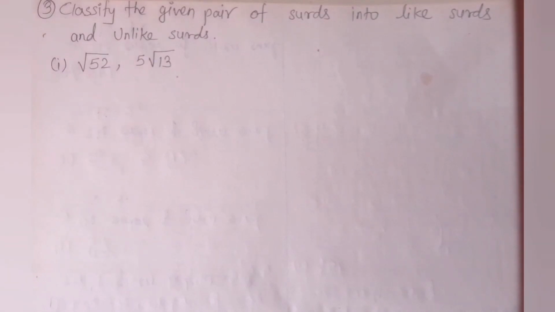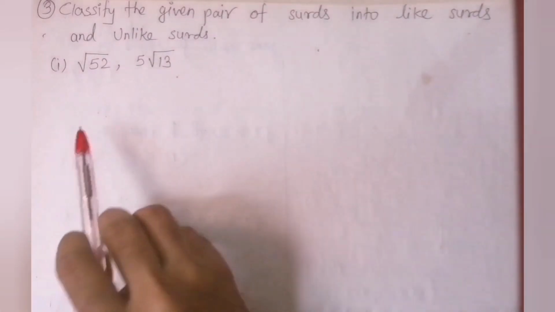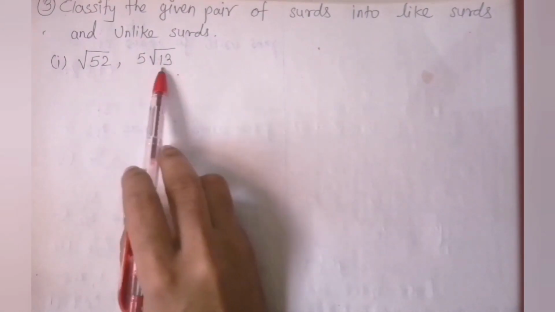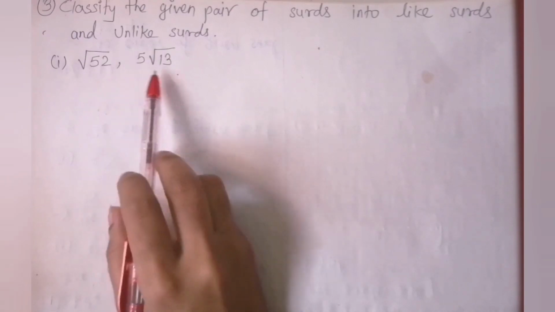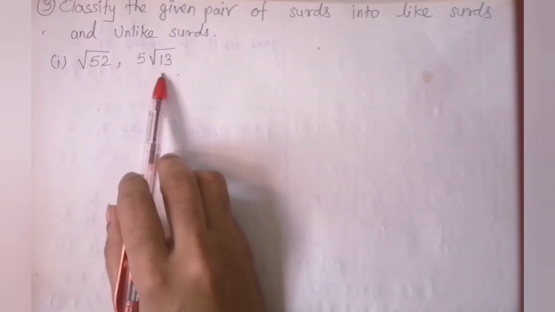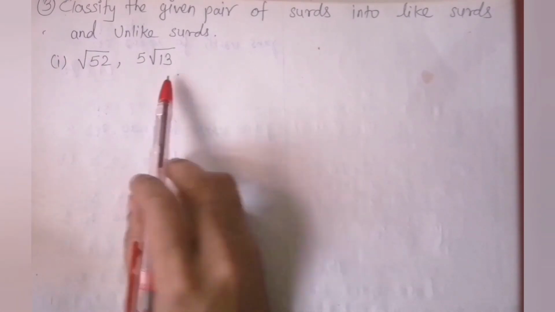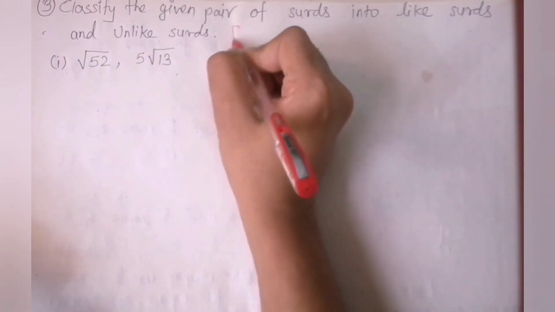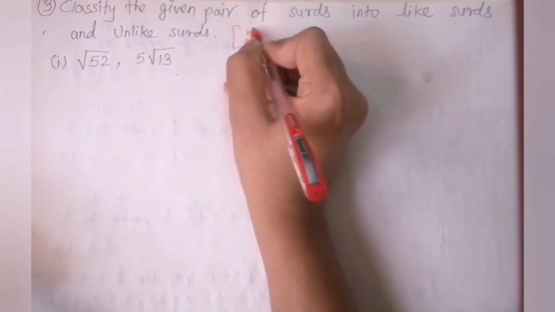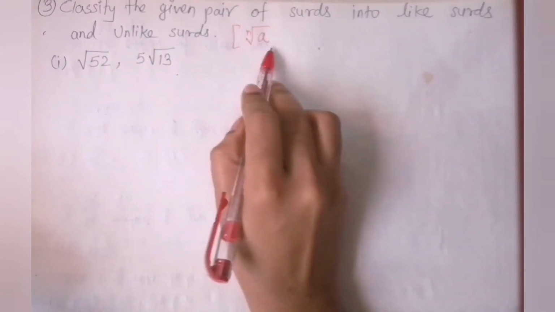So students, look at the first question. We have square root of 52 and 5 root of 13. We have to classify whether these are like or not. So how do we identify? We have a general form: nth root of a.